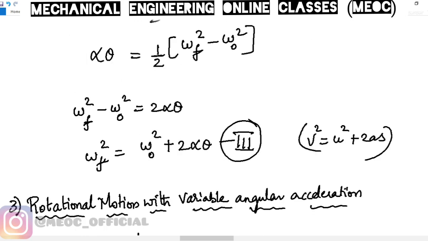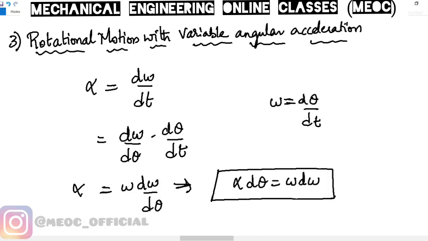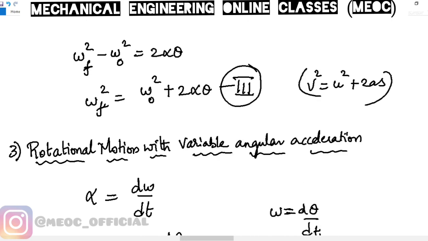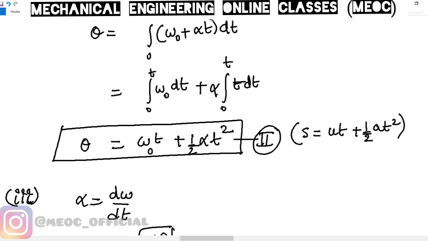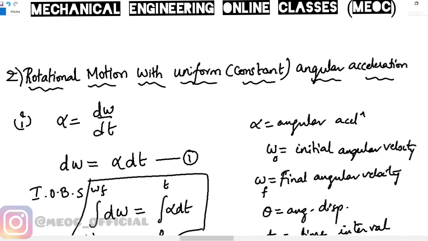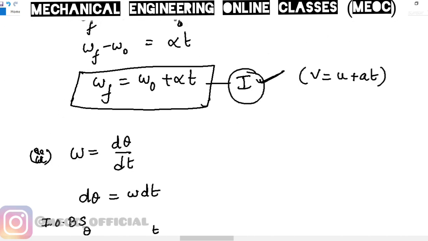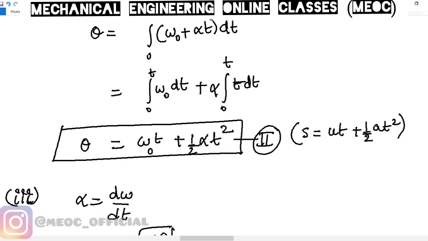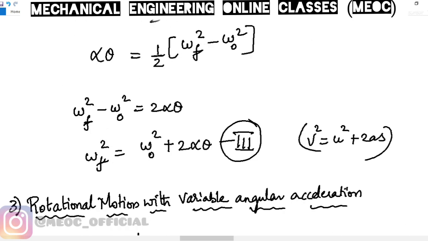So in a similar fashion we have just rewritten this. So here alpha is a variable. If alpha is constant, then it comes under the second type, and these outcomes will be satisfied in every condition during the motion.